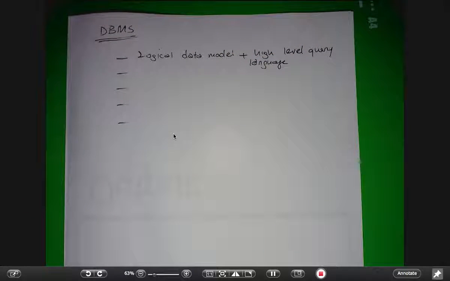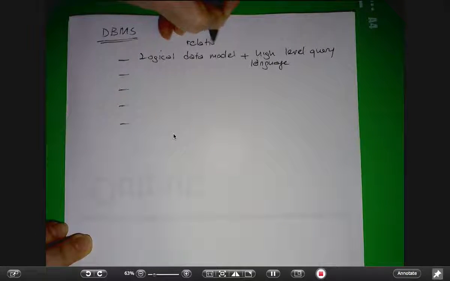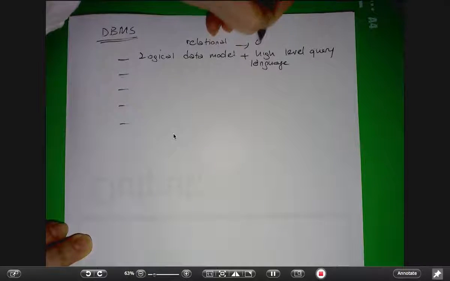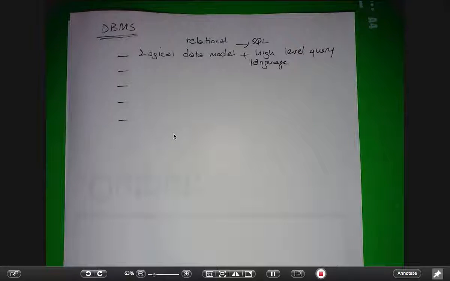The high-level query language happens to be SQL for a relational database management system, but that doesn't have to be the only one. If your logical data model is relational, then your high-level language is generally SQL. If your logical data model is something like RDF, how many of you have heard of that?